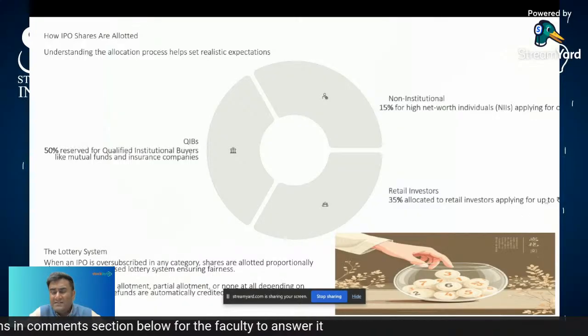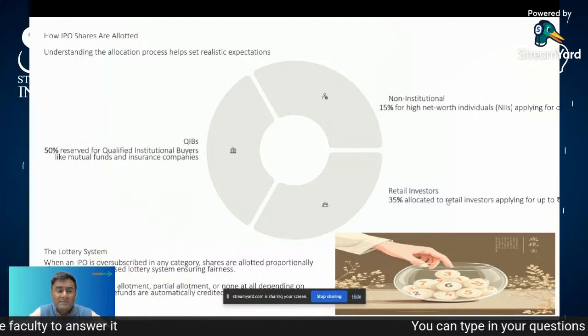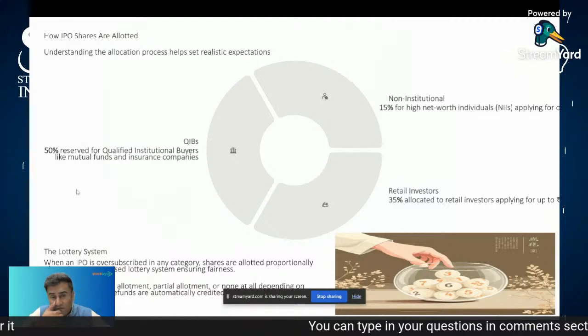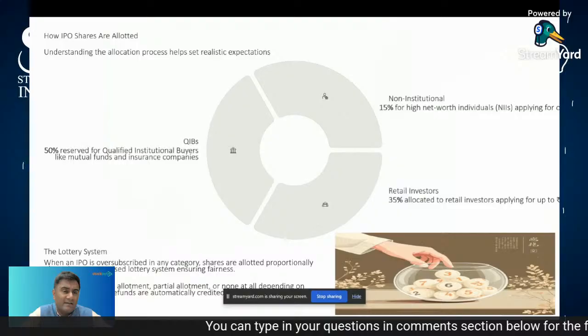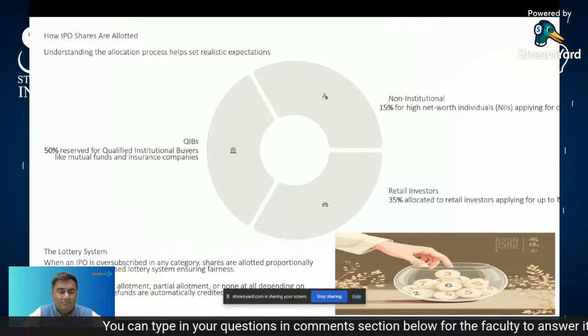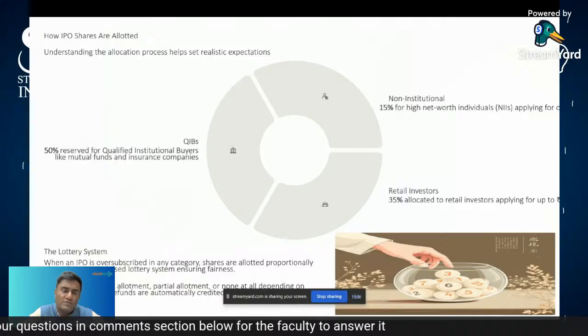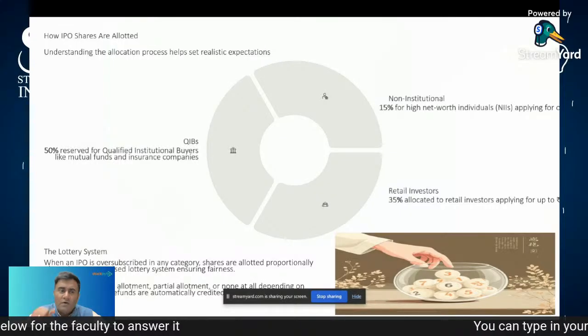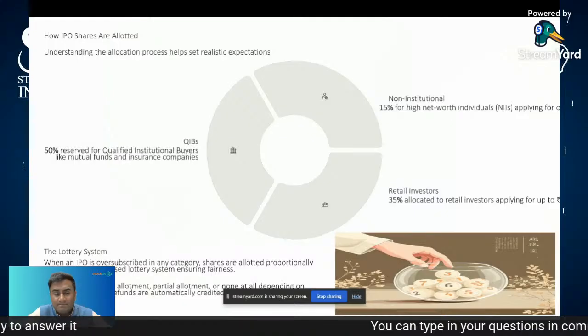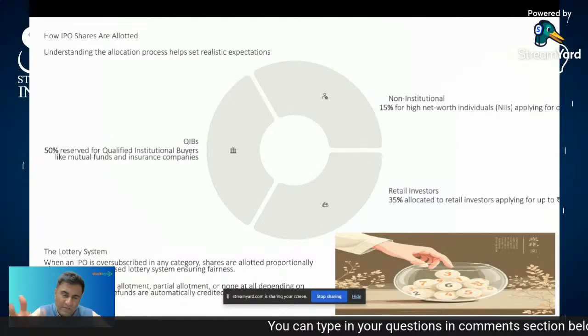Retail investors get 35% allocation. QIBs, that is qualified institutional buyers, can get 50% reservations. So that will comprise your mutual funds and insurance companies. And this is how the allocation happens.